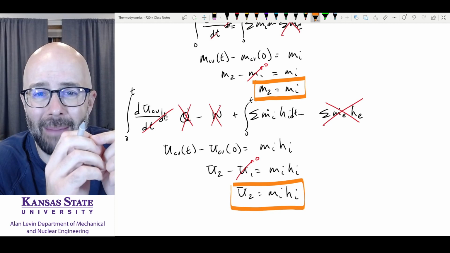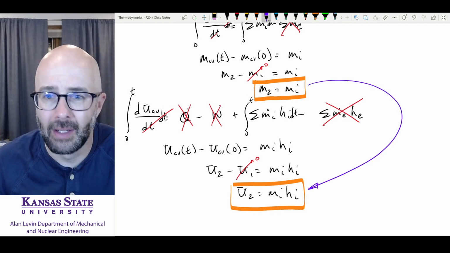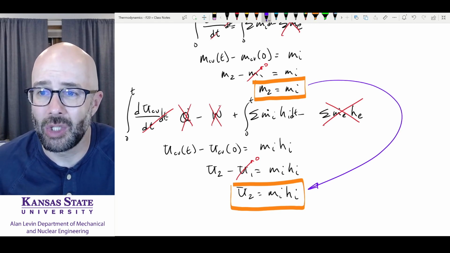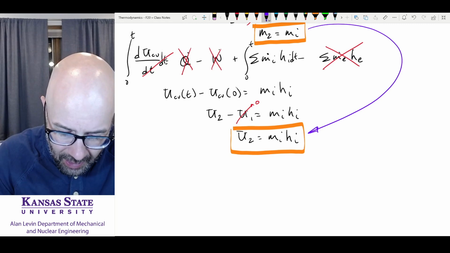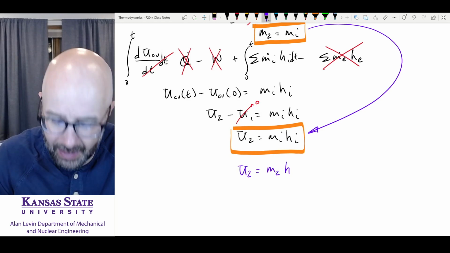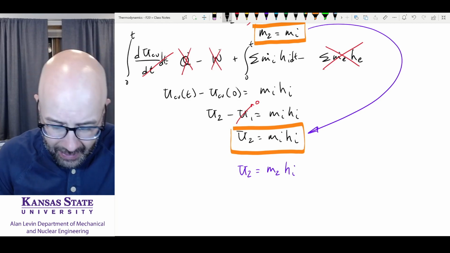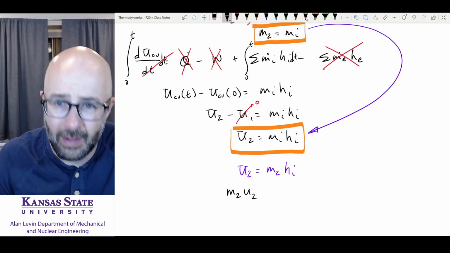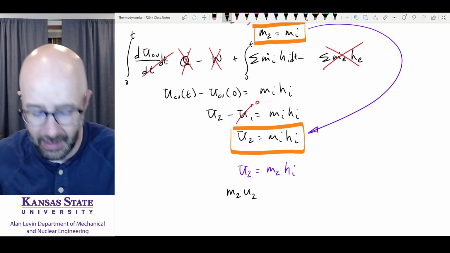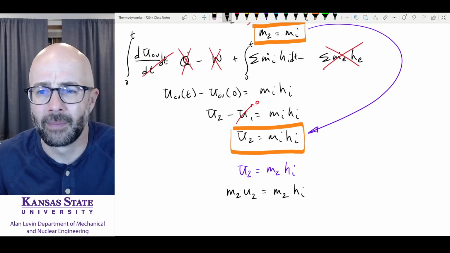And now the next step is to combine these two equations. So I want to take these two equations and put them together, and I see a very easy way to do that here. Mass in is equal to mass 2, so I can write this as U2 is equal to mass 2 times H in. Now, expanding that even further, I can say that mass 2 times u2, meaning specific internal energy, is equal to mass 2 times h in.